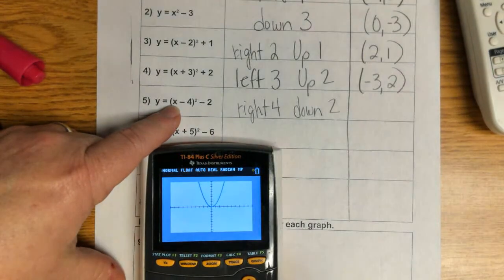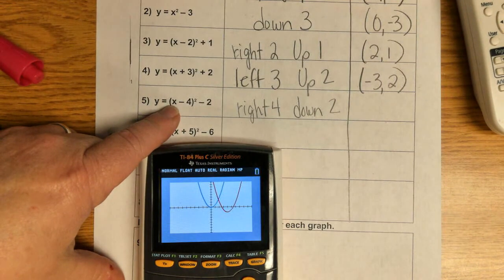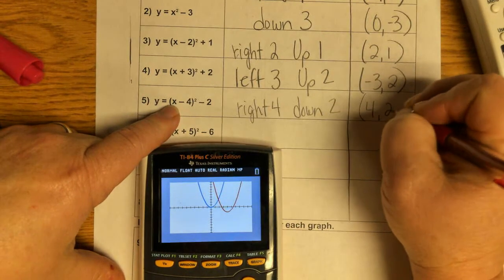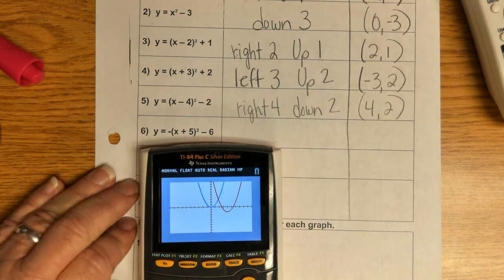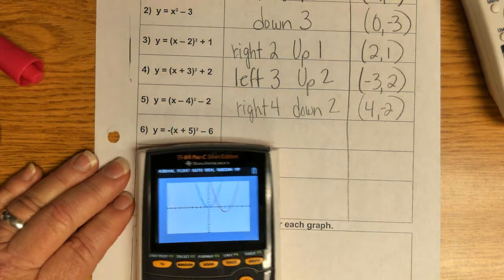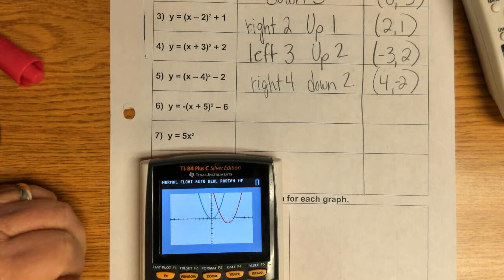Let's see if that's correct. And there it is. So our new vertex is at 4, negative 2, and you can look through a table and look at that if you're not sure. Oh, now we're kind of adding more, all of it together here.